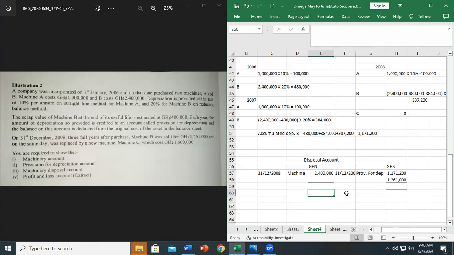In this case, are we going to get profit or loss? This is 2,400,000. This is 2,400,000 and something. Yeah, so I'm sure we are still going to get another profit. So let me do the additions here. This is 2,432,200.